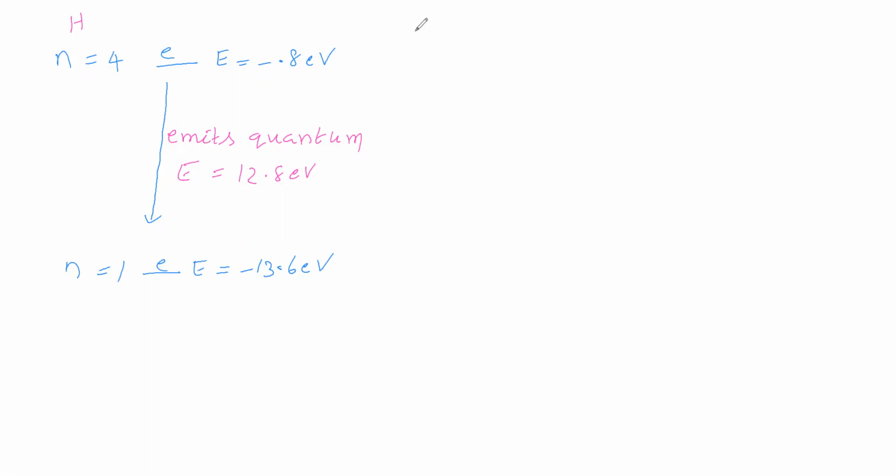Now we will consider 5 hydrogen atoms. In these 5 hydrogen atoms, we are assuming that the electrons are present in exactly the fourth level. All these electrons at a time jump into the first level.